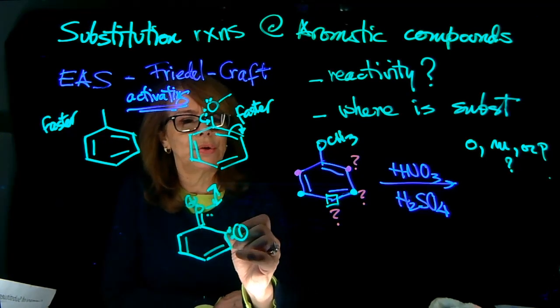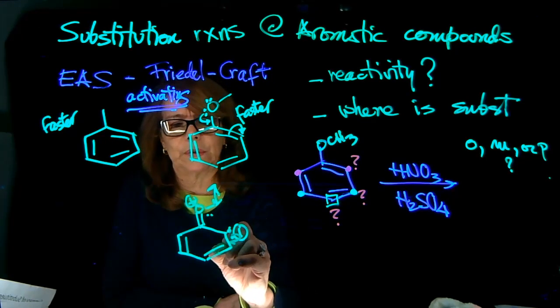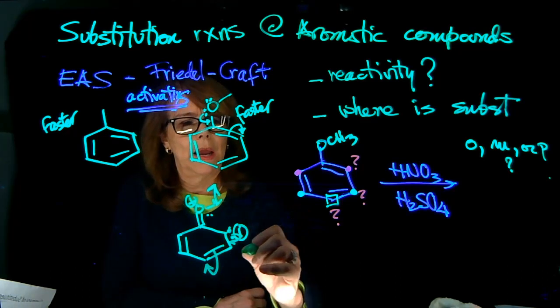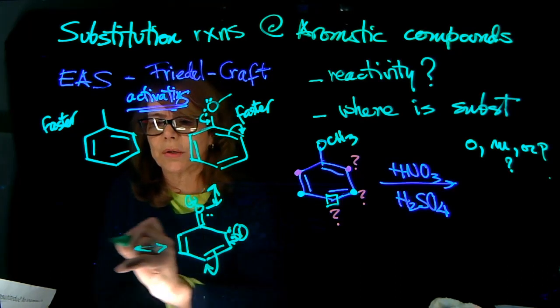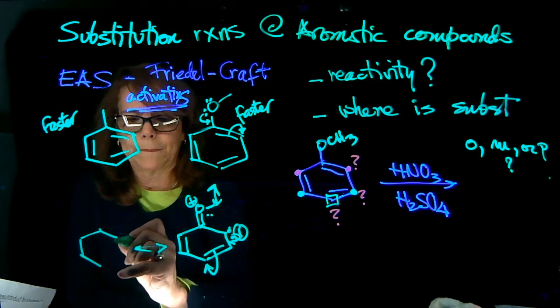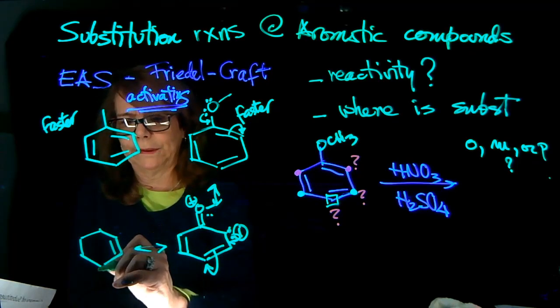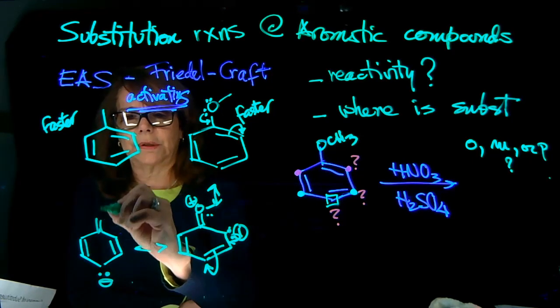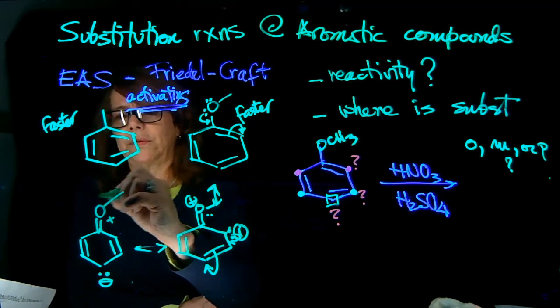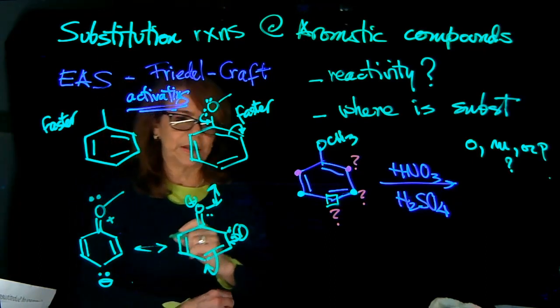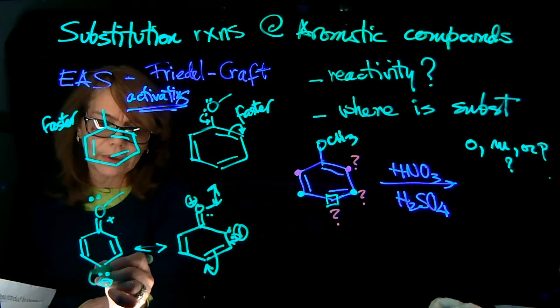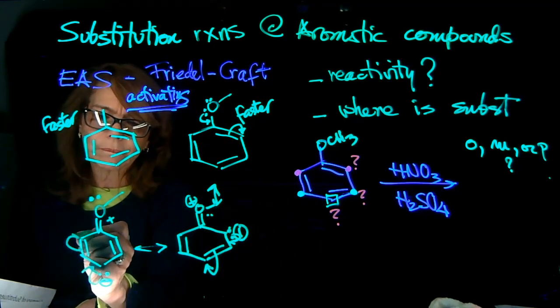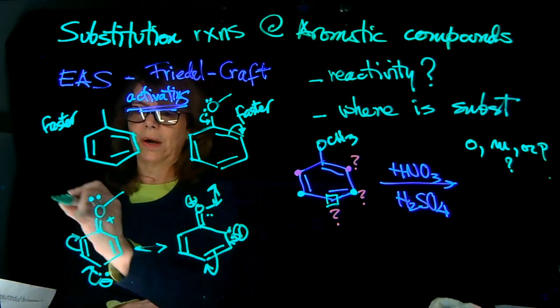But I can continue doing resonance. I can put electrons here in another resonance structure. You will have a double bond here, electrons here. Here's still your double bond, positive. That's your methoxy group, pair of electrons. And yet you can do another resonance structure, placing the electrons there.